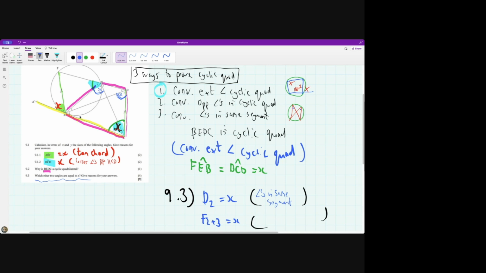I might be missing something. Exterior angle. I'm not sure if we're allowed to use those ones. We got that. We got that. We got D2. Is there anything else that I'm missing?